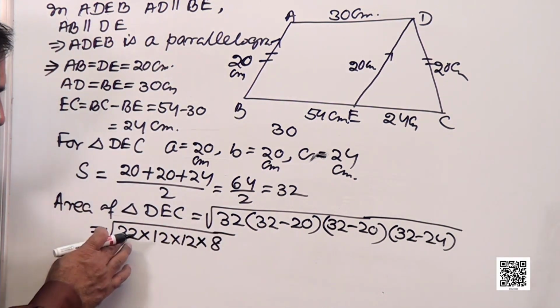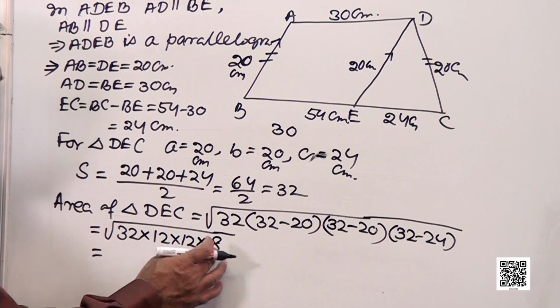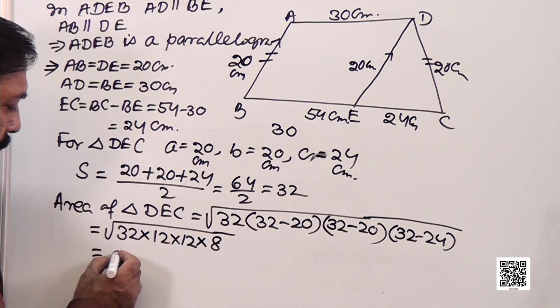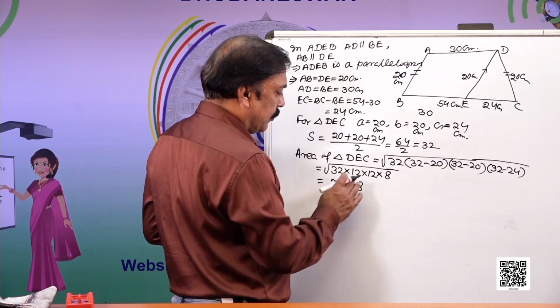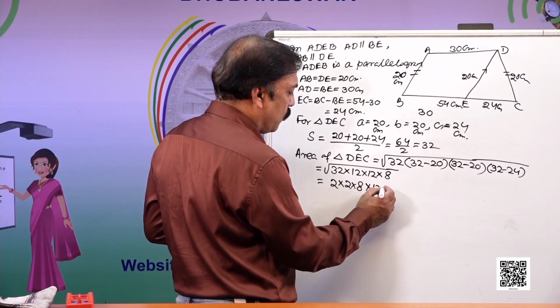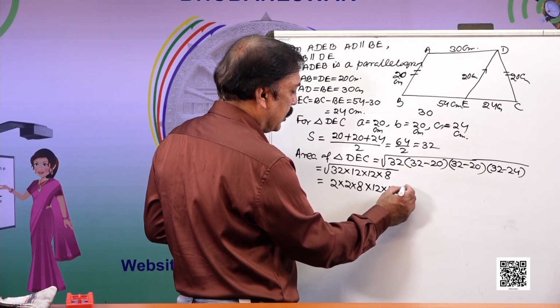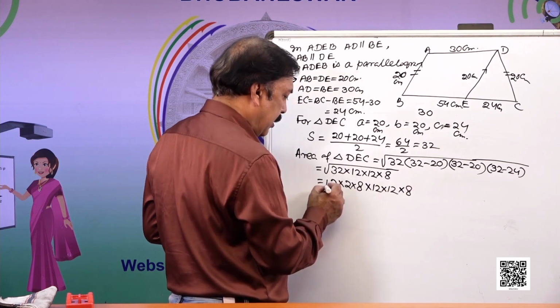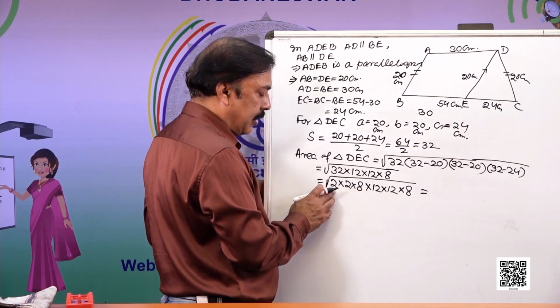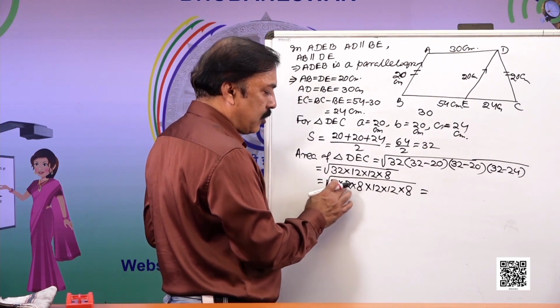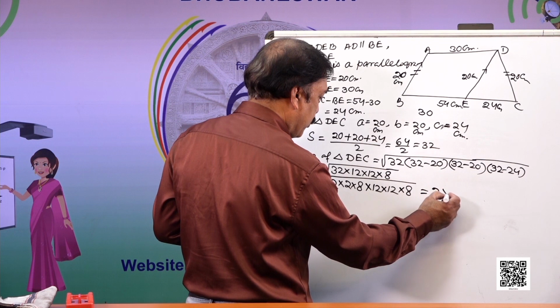Now, as here it is 32 and 8 is there, we can split this as 2 into 2 into 8. Then we have 12 into 12 and into 8. So by taking one 2 for two 2's, we have 2.